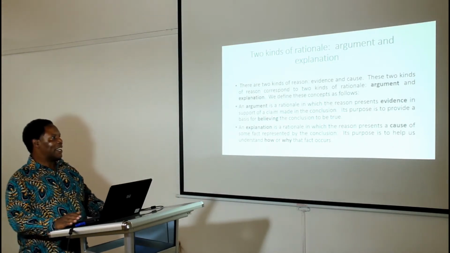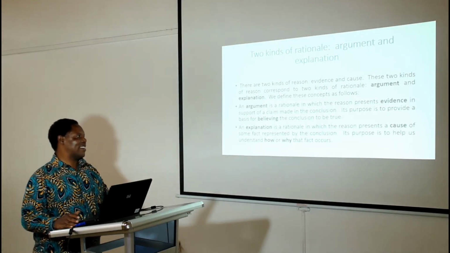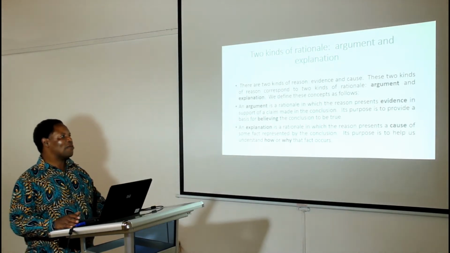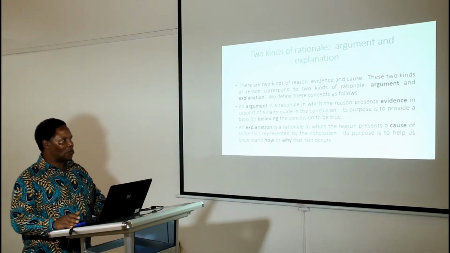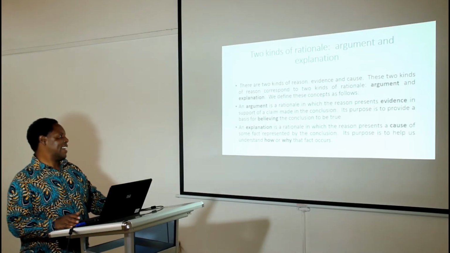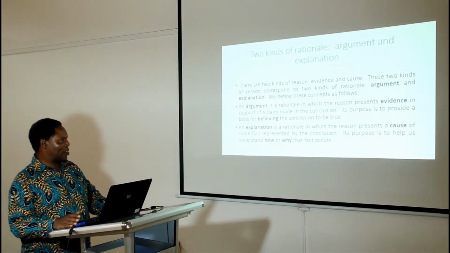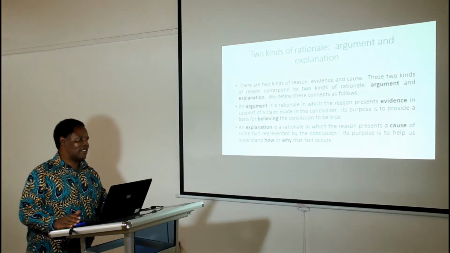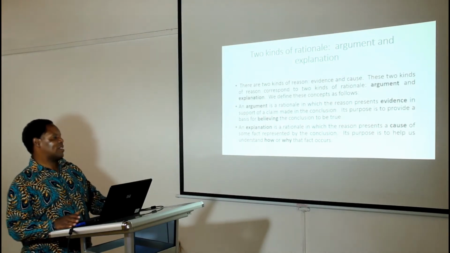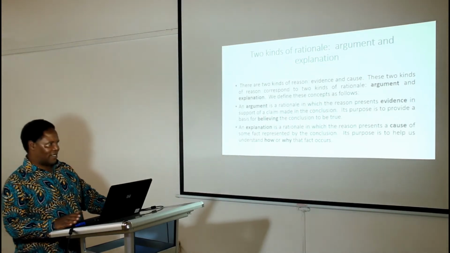This means if there is no evidence, then it is not easy to believe the conclusion which can be made. So evidence in any argument is very important. Number two is an explanation. This is a rationale in which the reason presents a cause of some facts represented by the conclusion.